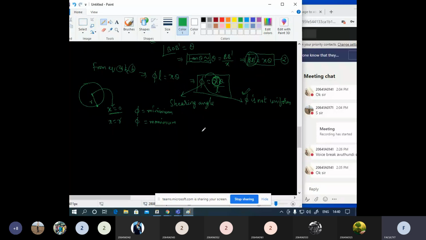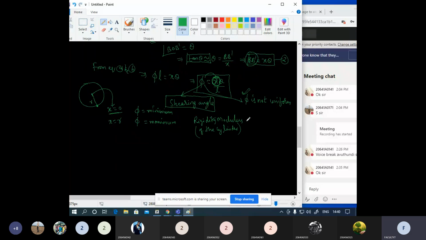Now let us go with the extension of the topic. Here we are going to find the rigidity modulus of the wire, of this cylinder, whatever wire or cylinder we are considering. We are going to see a few new explanations for this.